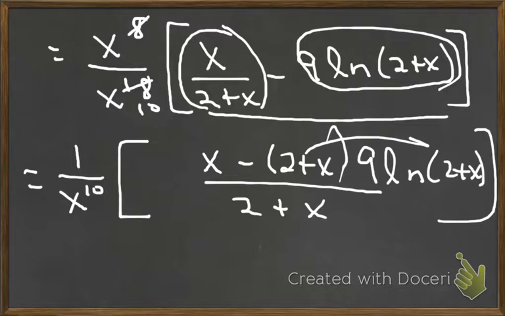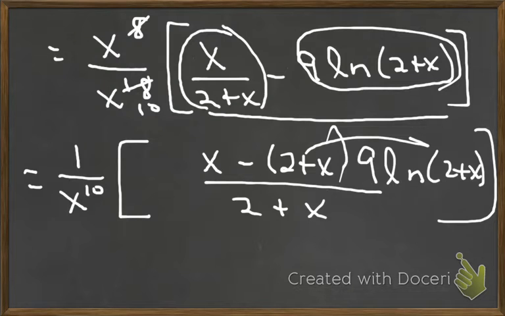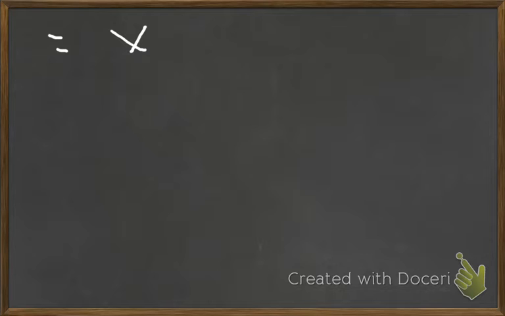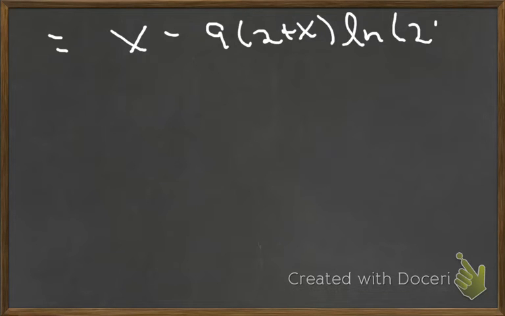Okay, so finally let me just clean it up so it looks real good. So in the numerator I'm going to have x minus 9 times the quantity of 2 plus x times the natural log of 2 plus x.